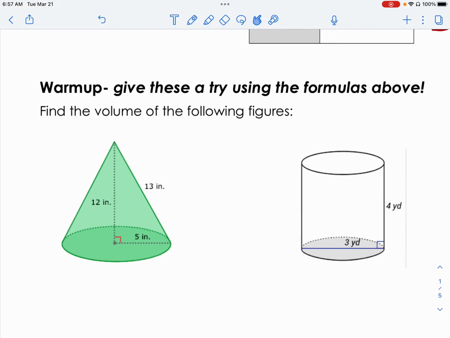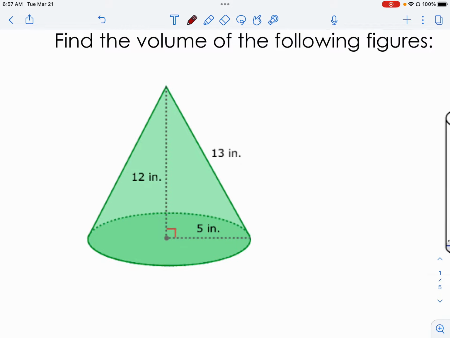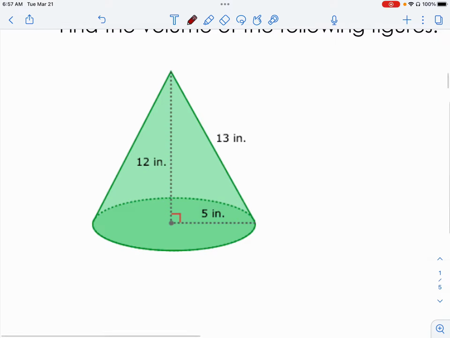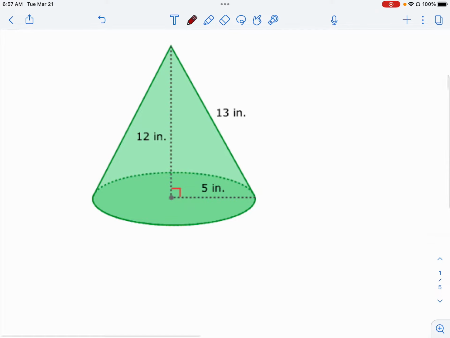This first one on the left, this green looking shape. Think of this as an ice cream cone. So then you go back and look at your formula sheet and you say, oh, there's something called a cone. This must be the shape. And the formula for a cone is 1/3 pi r squared h.